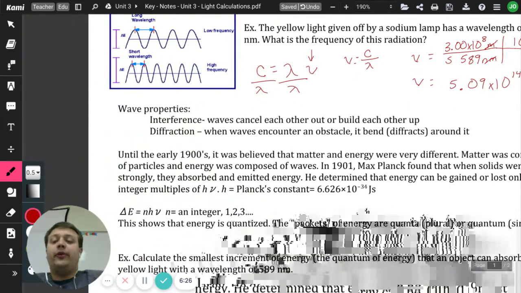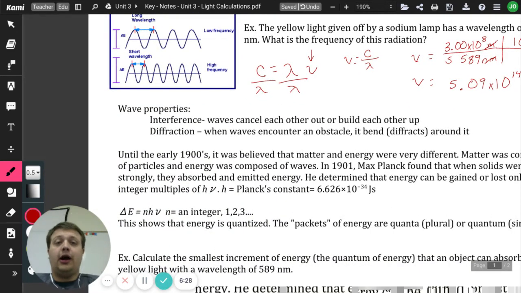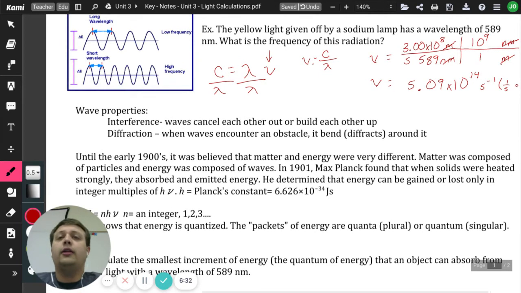So now that we know how to solve our speed of light equation, so solving for frequency or wavelength, let's talk about some properties that waves can have. There's two things. The first thing is interference. So interference is when waves actually will cancel each other out or build each other up. So we can use interference to amplify a wave or cancel a wave out.